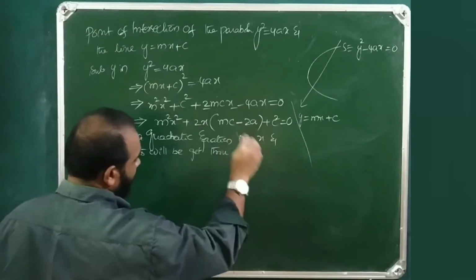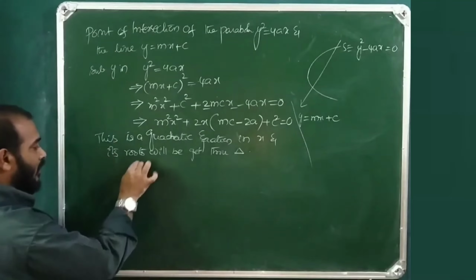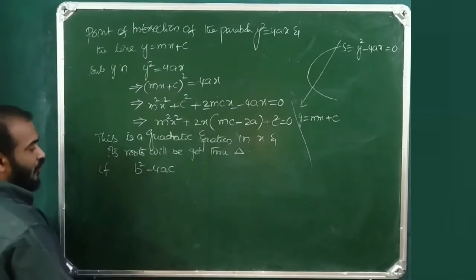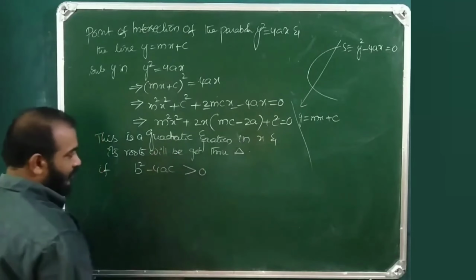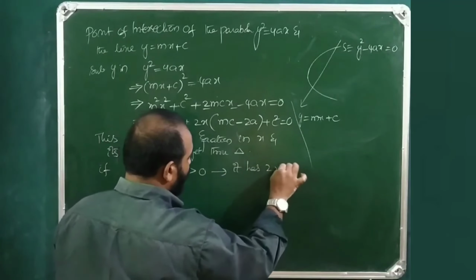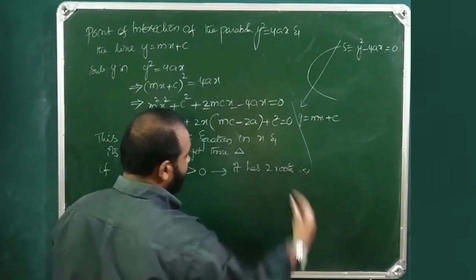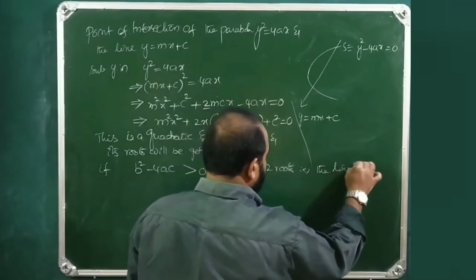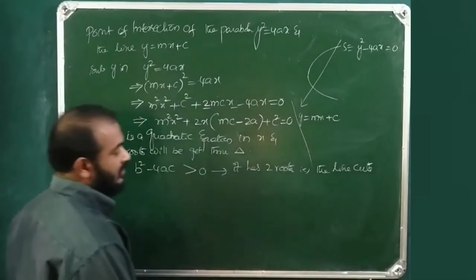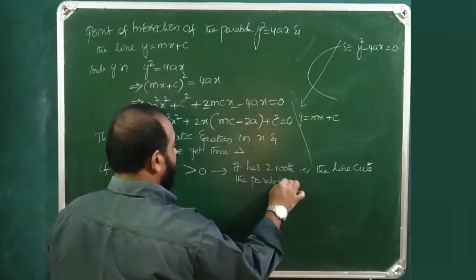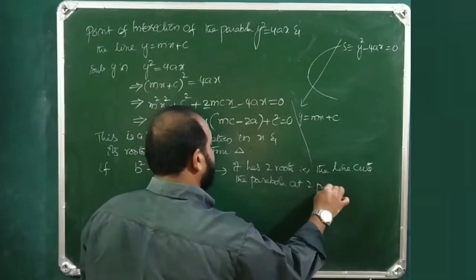What is delta? b square minus 4ac. If b square minus 4ac is greater than 0, then it has two roots. That means the line cuts the parabola at two points.